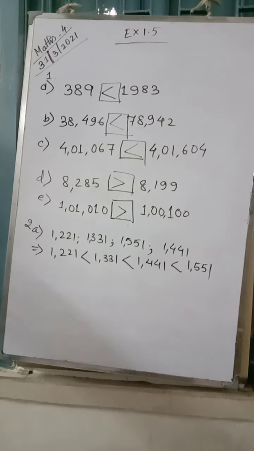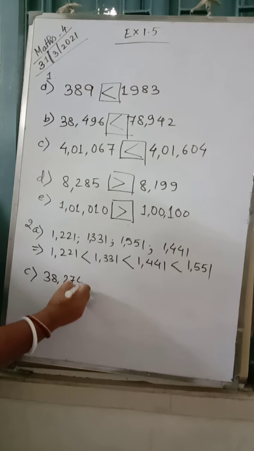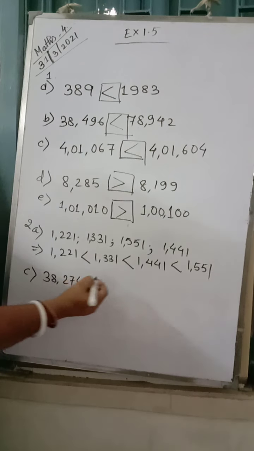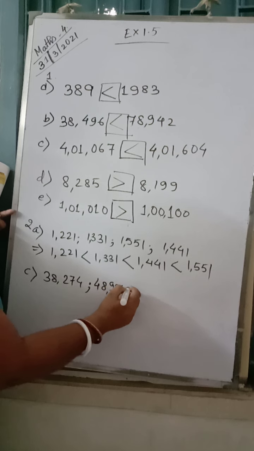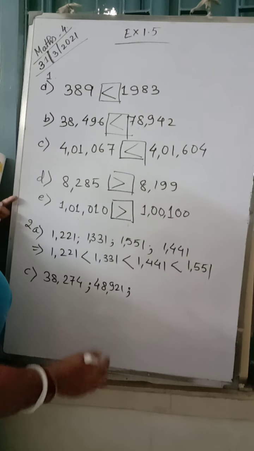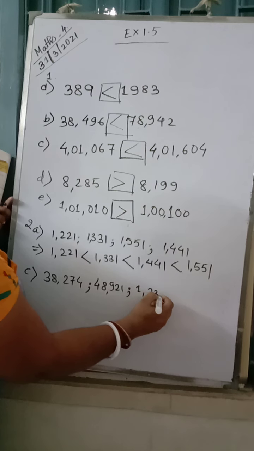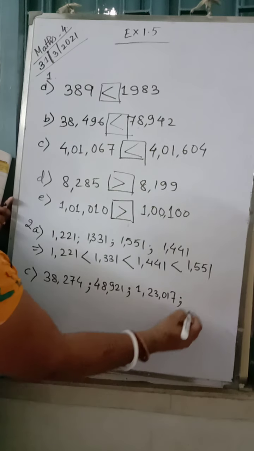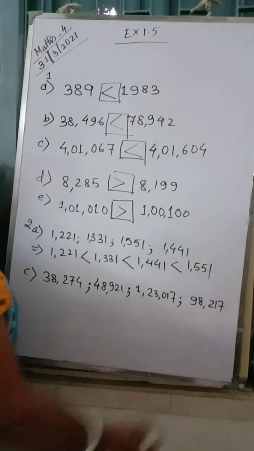Then number C, you look. It is given 38,274. Now you see between two numbers I am giving a semicolon, even in your book they have given 48,921, because we are using commas for writing the periods of the number. 1,23,017 and finally 98,217.